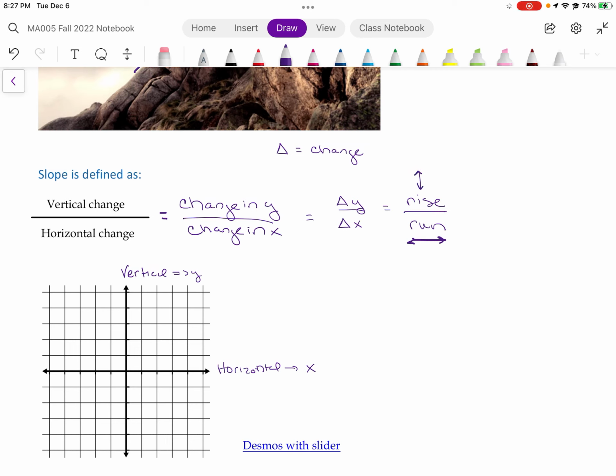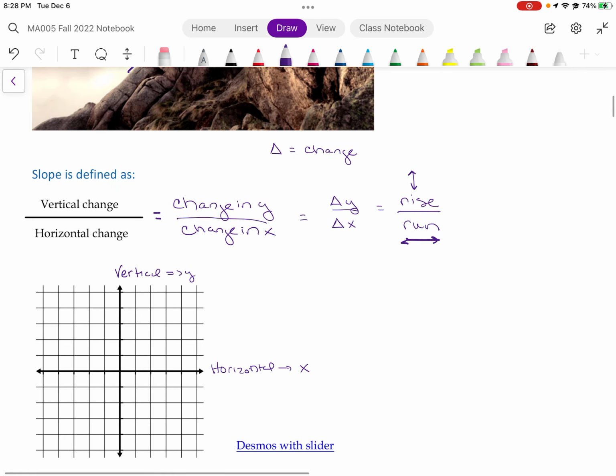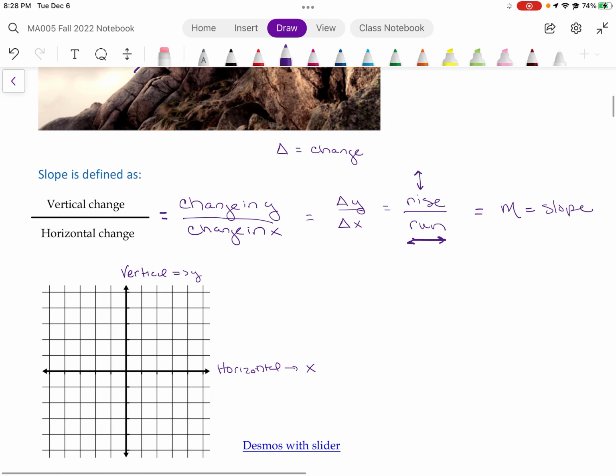A positive rise goes up, a negative rise goes down. A positive run goes right, a negative run goes left. This is slope. The letter we use for slope is m. So lots of things there, all equal to each other. Vertical change over horizontal change means delta y over delta x, which we call rise over run.